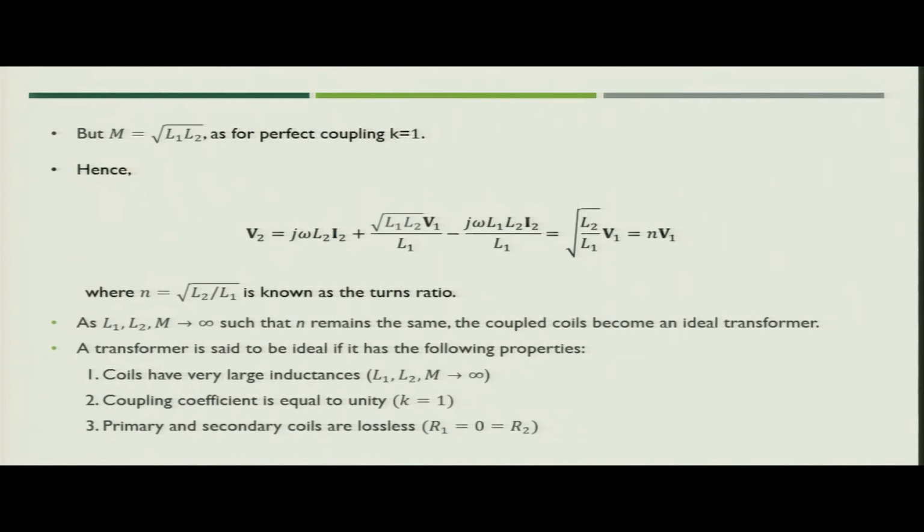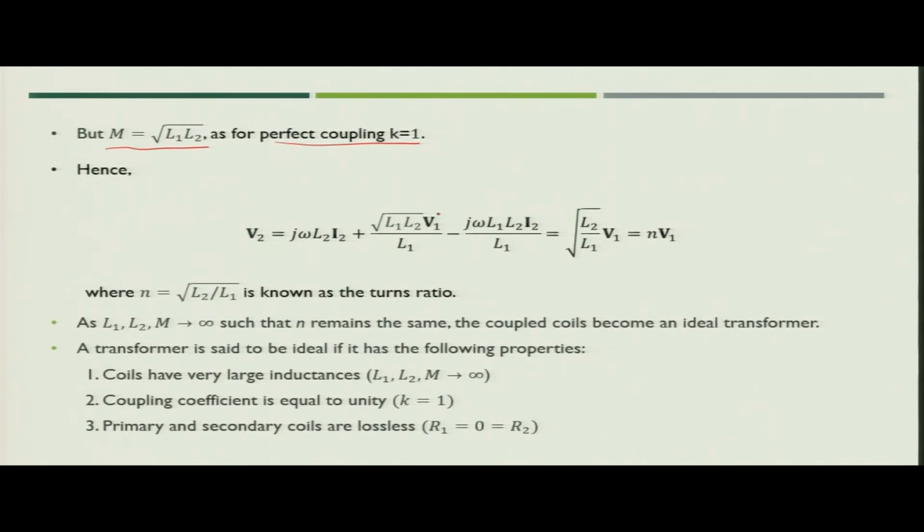Now, you know that M which we have just now derived is equal to root of L1 L2 in case of perfect coupling. So, when you consider k is equal to 1, means perfectly coupled coils, M will be equal to root of L1 L2.